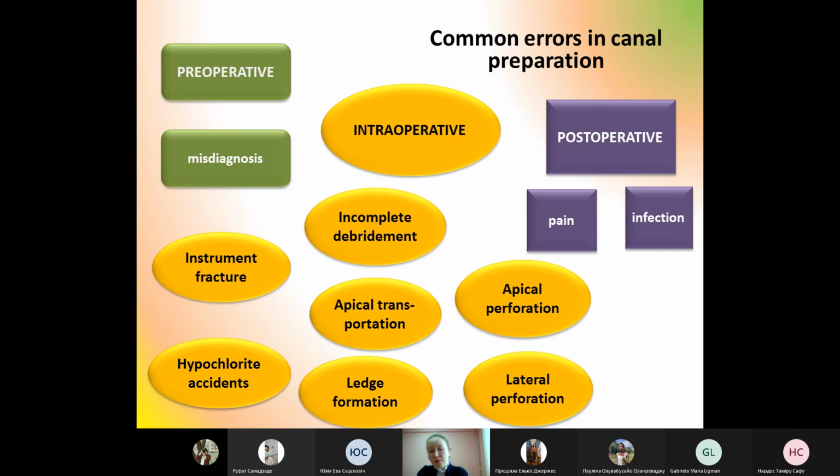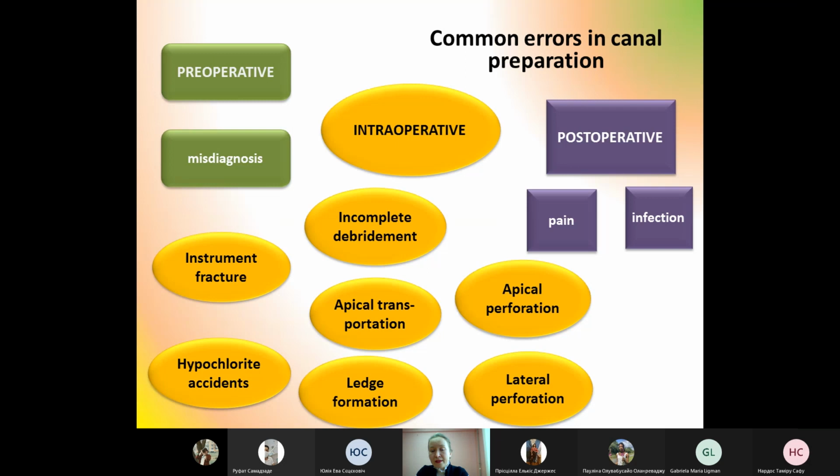When it goes about hypochlorite accidents, it is necessary to protect the operative field by rubber dam or cotton rolls, because hypochlorite is an acid and can cause burning. And this burning can lead to necrosis of mucosa.